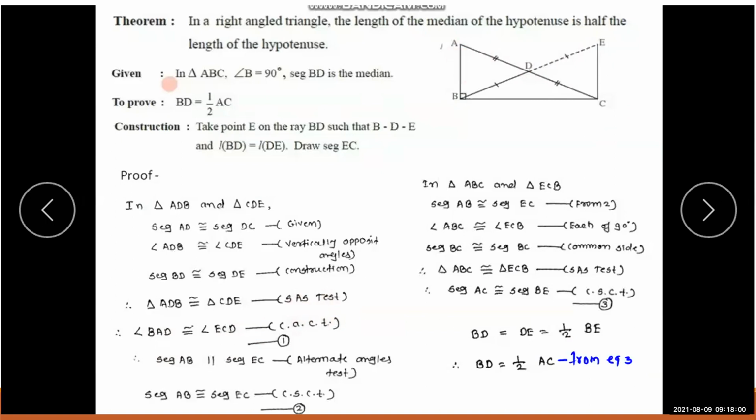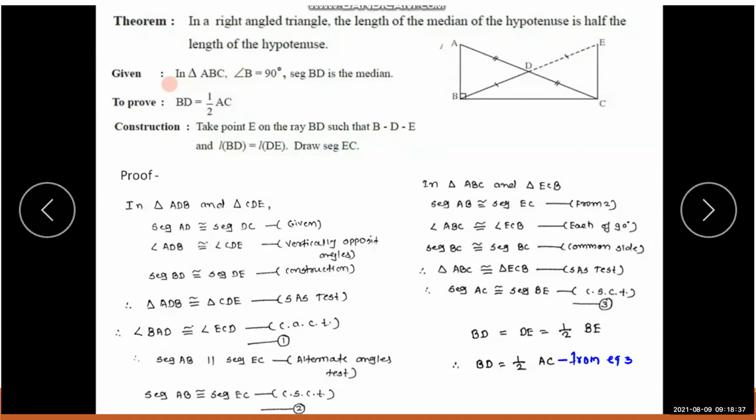As these two are alternate angles, we can say AB is parallel with EC. And segment AB is congruent to segment EC, because those are the corresponding sides of the congruent triangles we showed.